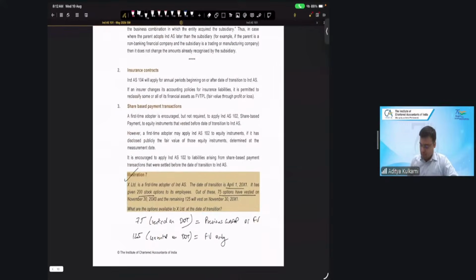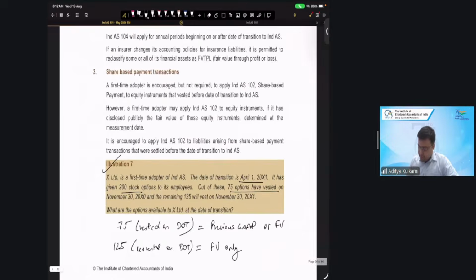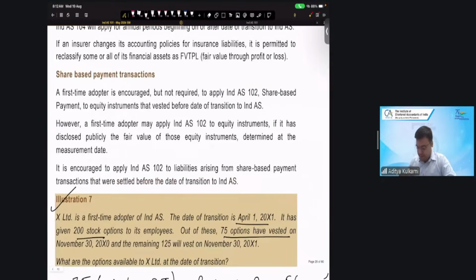Okay. X Limited is a first time adopter of Ind AS. The date of transition is 1st April 20X1. It has given 200 options to its employees. Out of these, 75 options have vested on 30th November 20X0. Remaining will vest on 30th November 20X1.